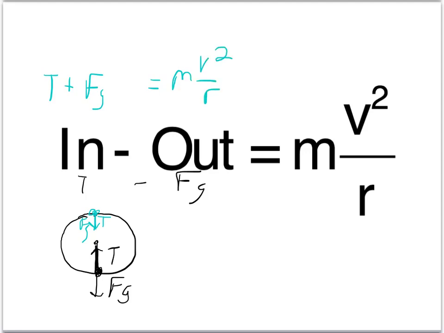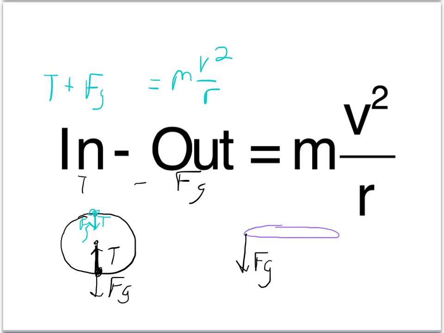Now this gave some people problems in the flying pig lab, because in that lab, you had a pig flying in a horizontal circle, and a lot of people were trying to put gravity in, but gravity is not pointed in or out of the circle. Gravity is pointed down, and that's perpendicular to the circle. It can't be either in or out.